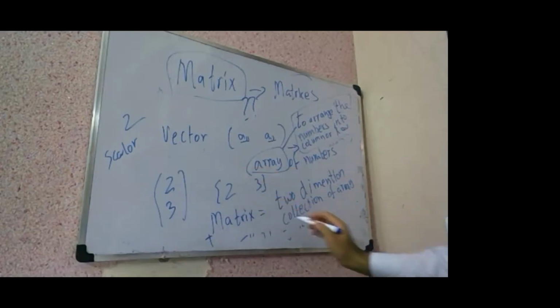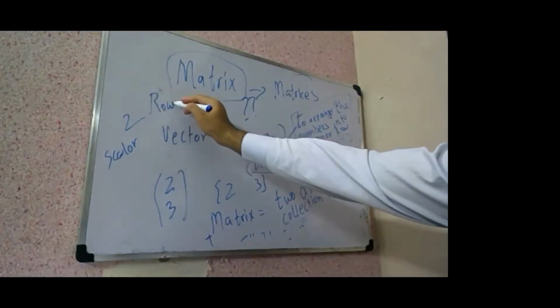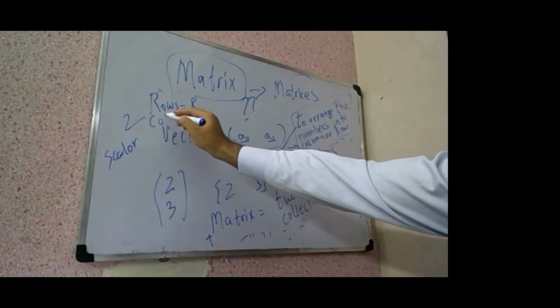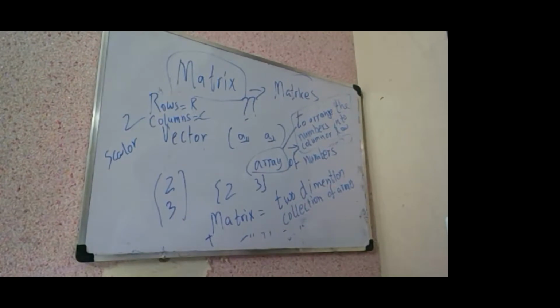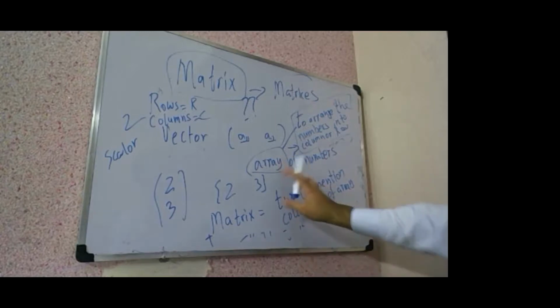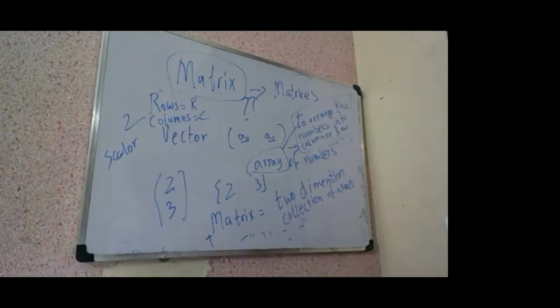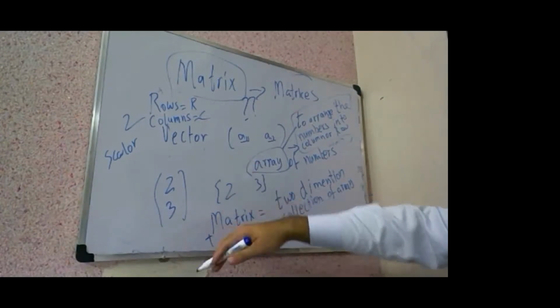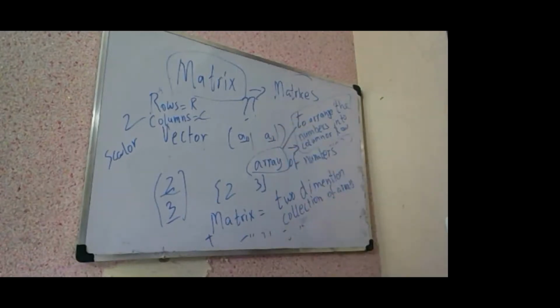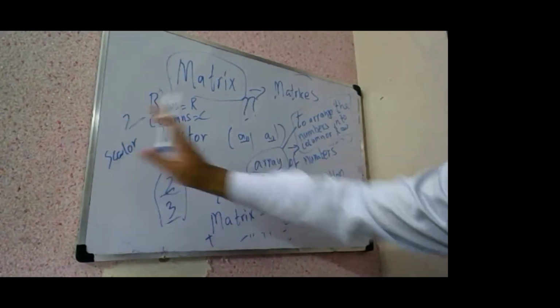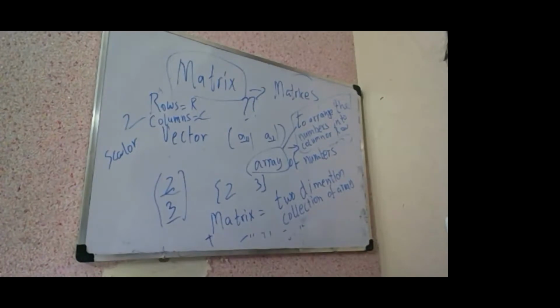Here in matrices, we define rows as R, columns as C. So we know that a matrix is a two-dimensional collection of arrays. It means at least our matrix should contain either two rows or two columns, right? Then it's a matrix, whereas one is just a singular, a scalar thing.